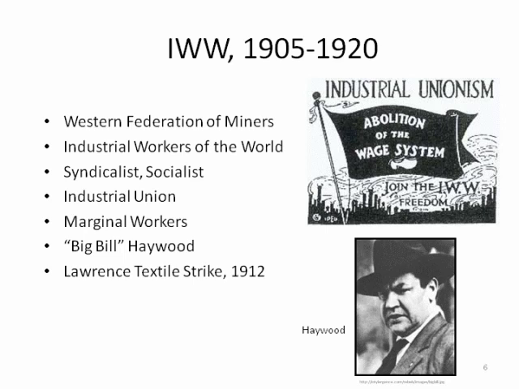Now, I'd like to draw your attention, because I think it's interesting and kind of fun, to the advertisement that's immediately above Haywood's picture in this slide. You'll see that the One Big Union, the IWW, advocating for freedom and industrial unionization, has on its banner the abolition of the wage system and what looks like a pair of wooden shoes.